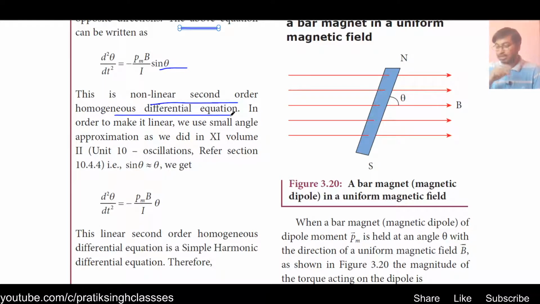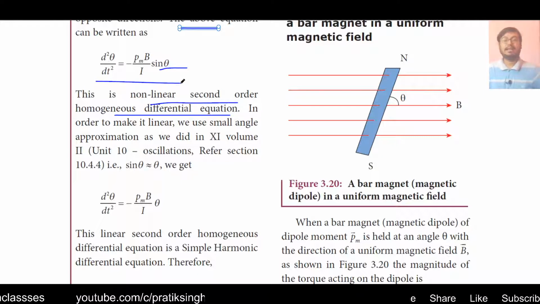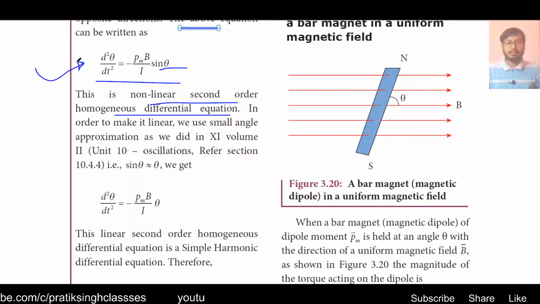If you are from the pure science group, meaning you don't have mathematics, it is difficult for you because it involves integration and differentiation. But those students who have mathematics know very well the meaning of second order equation, homogeneous equation, linear or non-linear equations.